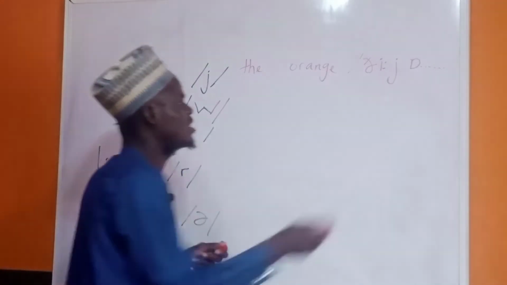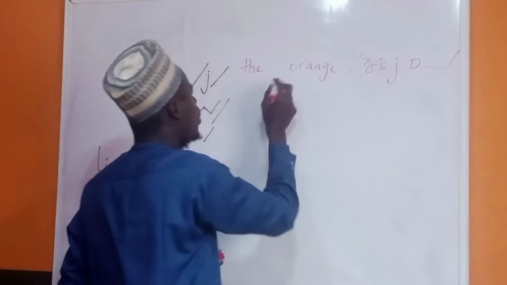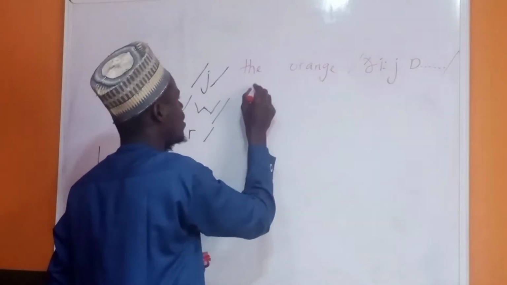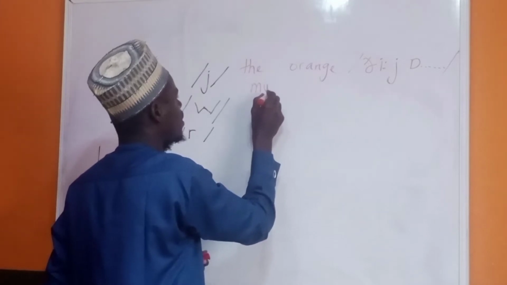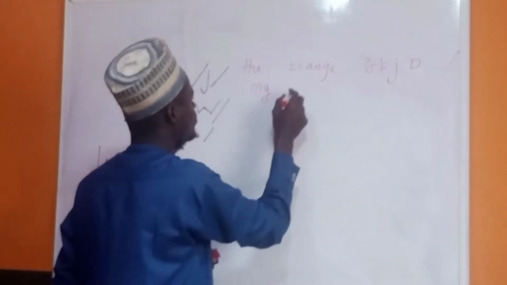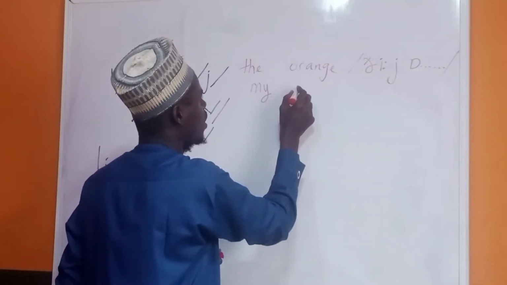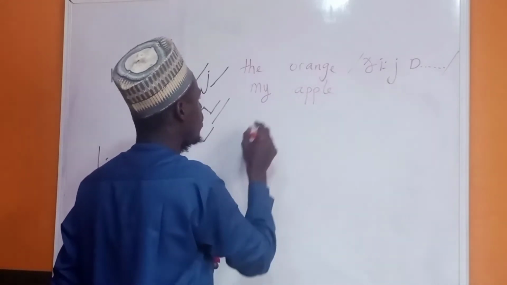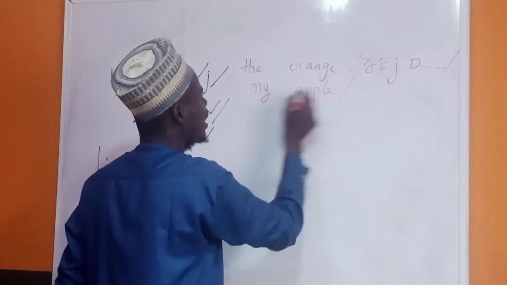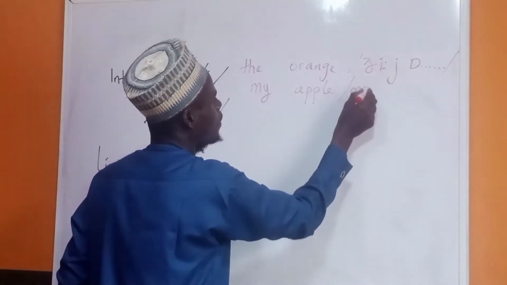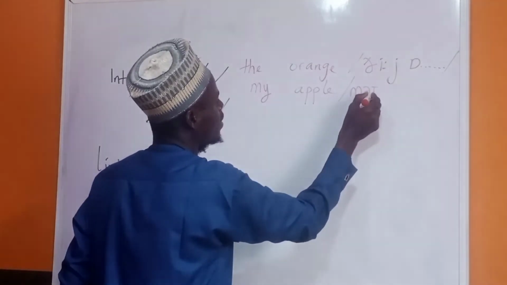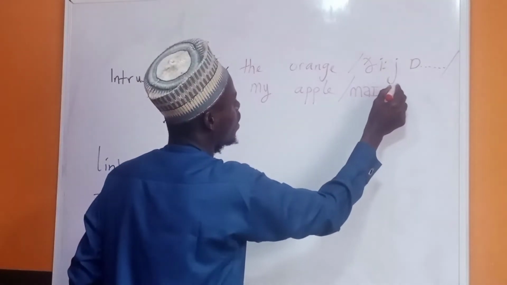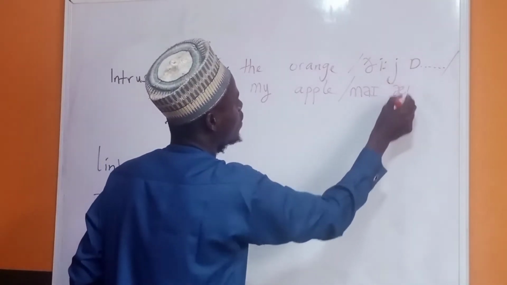Another example for this is when you have my apple. When you pronounce my, you pronounce it like this, my. Then this one is apple.